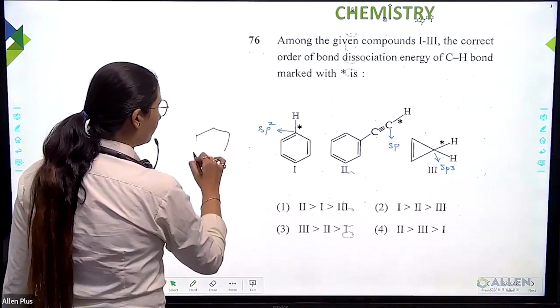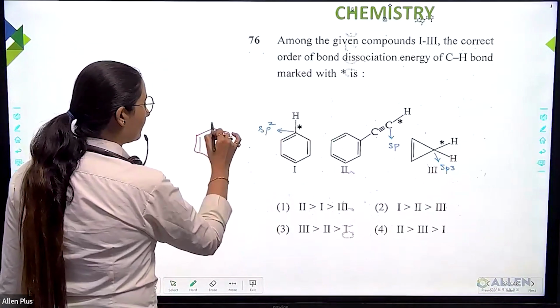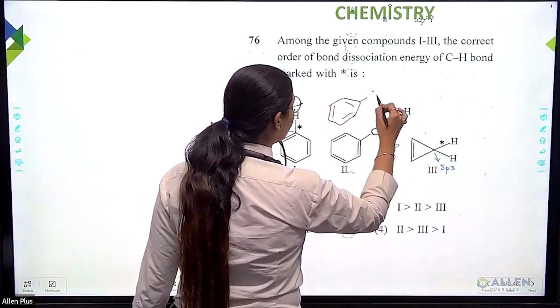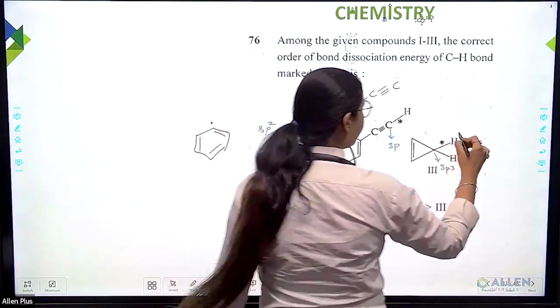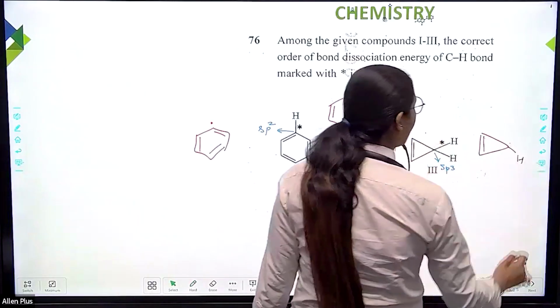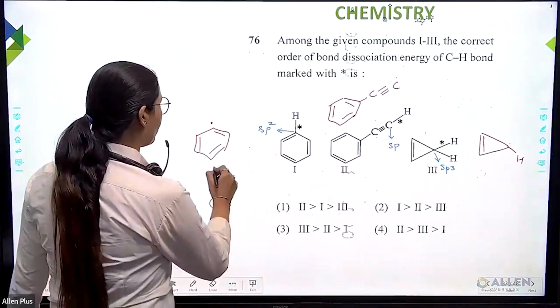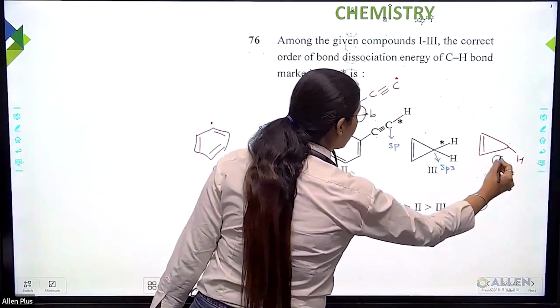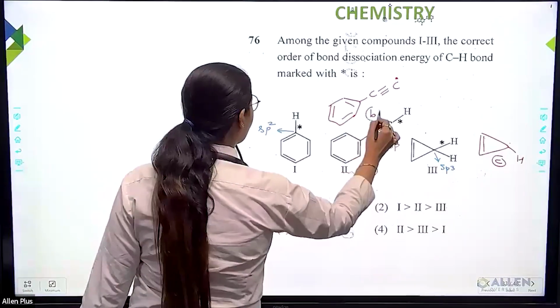We get a radical. Homolytic fission, no? Radical here. Here, if this breaks, we get a radical on the triple bonded carbon. If this breaks, what we get? Radical on an sp3 hybridized carbon. If I call them A, B, and C, what is the order of stability?